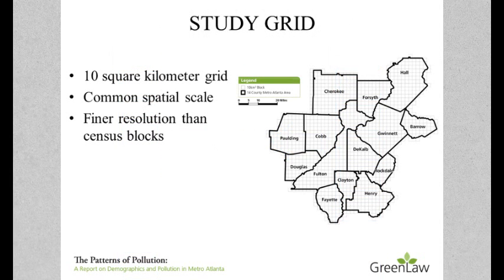To tackle the spatial scale issue, we developed a study grid that we overlaid over our entire study area. We made a 10 square kilometer grid, so each of the grid cells that you'll see is 10 square kilometers. We joined our pollution data and our demographic data to this grid to get it onto a common spatial scale. We looked at a couple different options for doing this, and we decided that creating this study grid gave us a finer resolution than census blocks did.